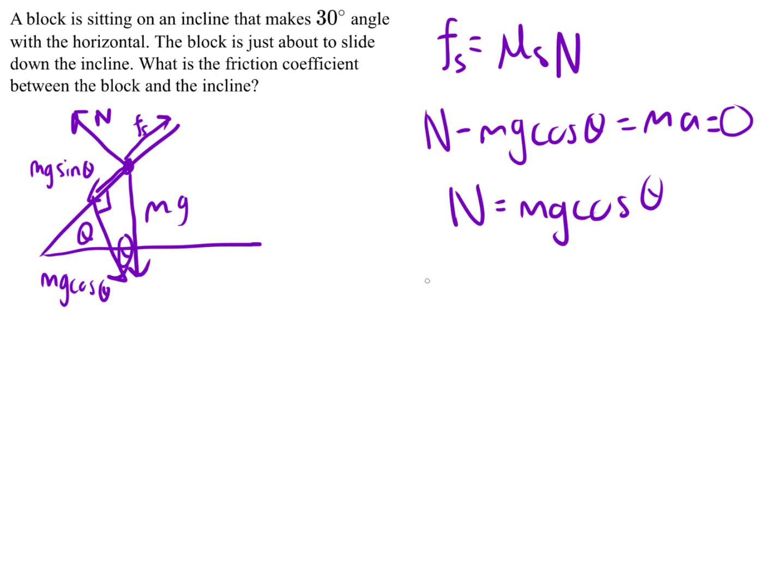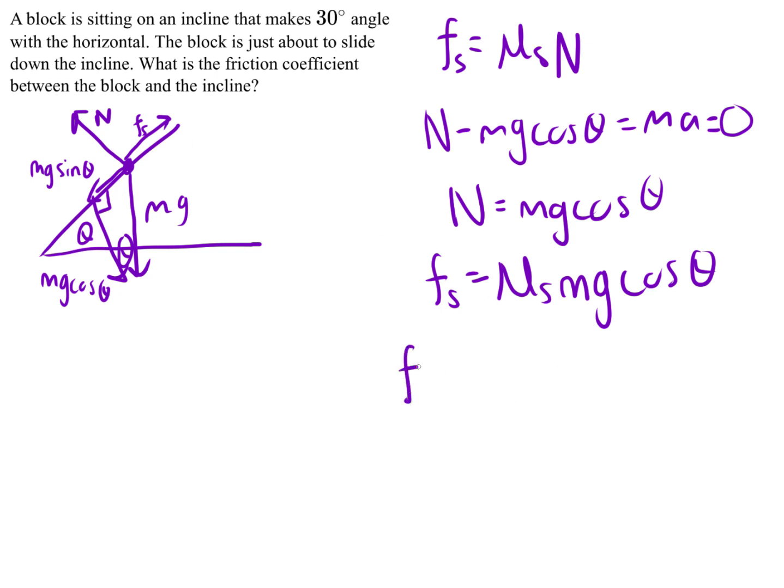So from that, we can say that the static friction force is equal to the coefficient of static friction times mg cosine theta, as that's the normal force. Now we also can write another equation by using the forces that are both parallel to the incline.